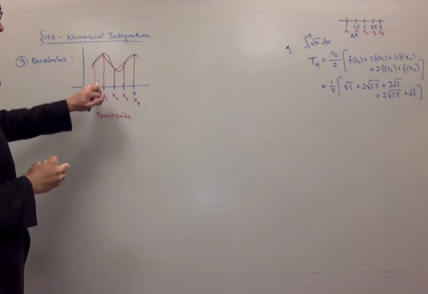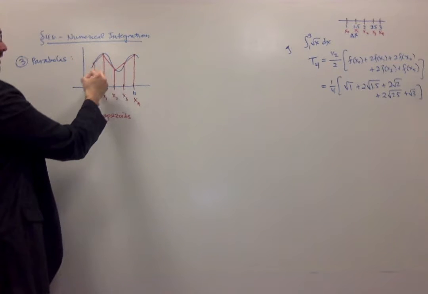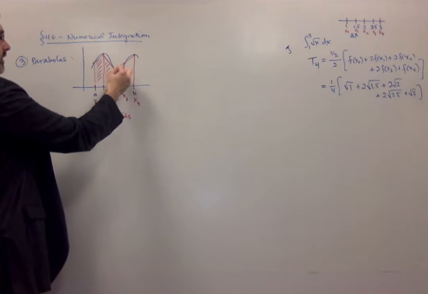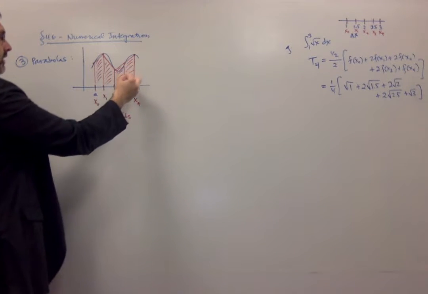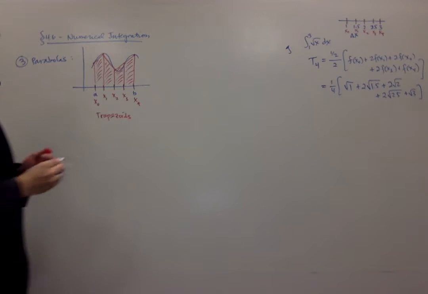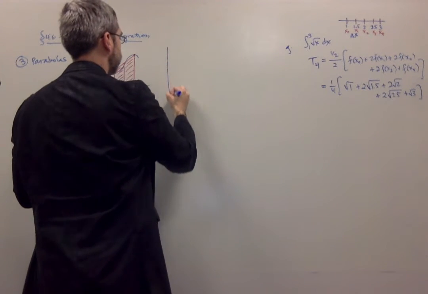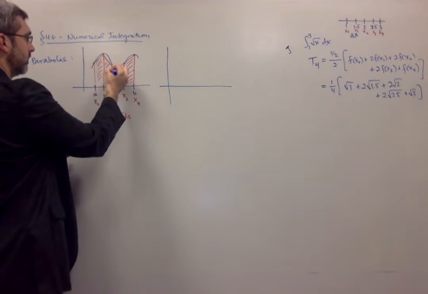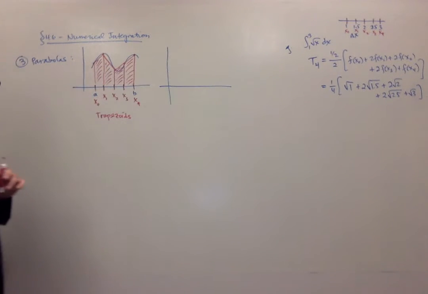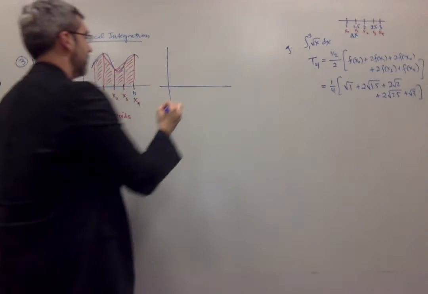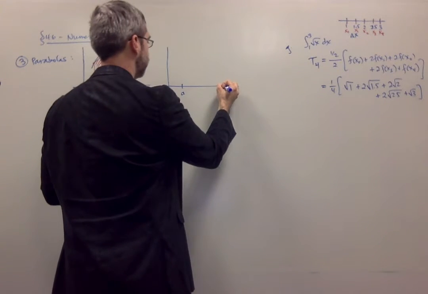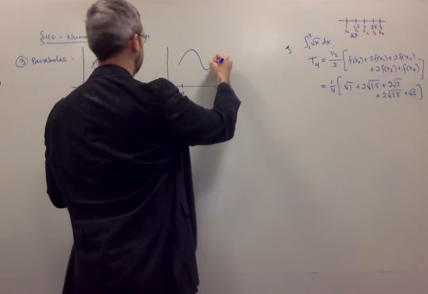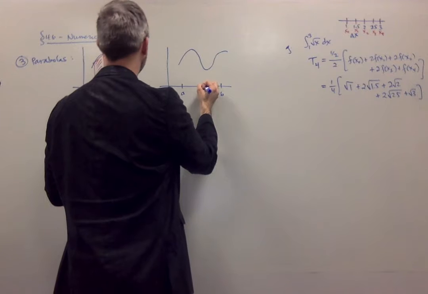Okay, so at each one of those, I would connect these points and I would get a trapezoid here, a trapezoid here, a trapezoid here, which is going to have a little too much area and a little too little area there, okay? If I did this with parabolas instead, so notice every 2 points determines a line. So there's a unique line that goes through each of those points. If I'm doing this with parabolas, it turns out, let's see if I can get kind of a similar picture here.